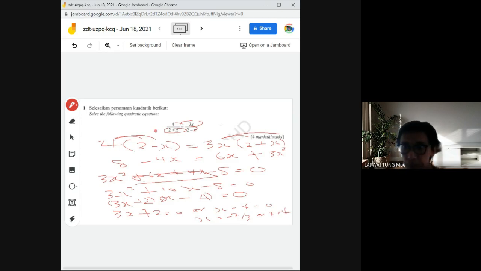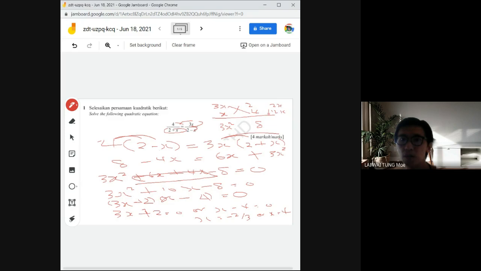Okay, is this the answer? 3x, x, factorized. So here is 4, here is 2. So this is 3x squared, this is 8, and then this is 2x, 12x.